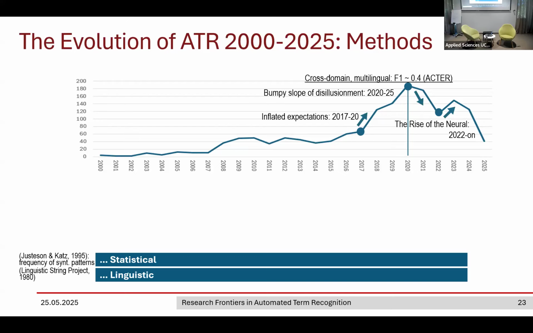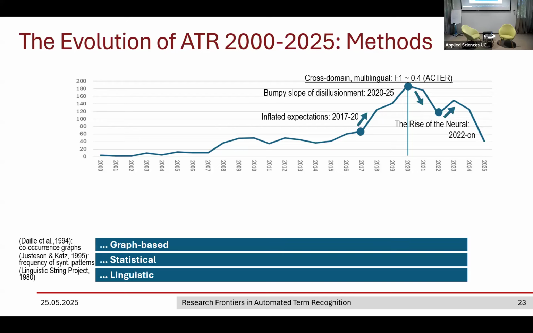And then at around 1994 and on, one more family of methods, graph-based methods, have been invented, which were using the so-called co-occurrence graphs, where the candidate terms, I mean the textual expressions, are the vertices in a graph, and the edges were weighted by the frequencies of co-occurrence.